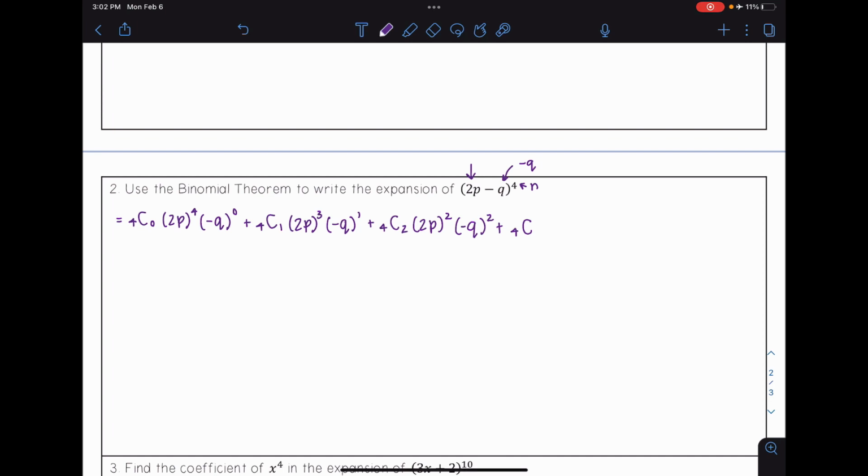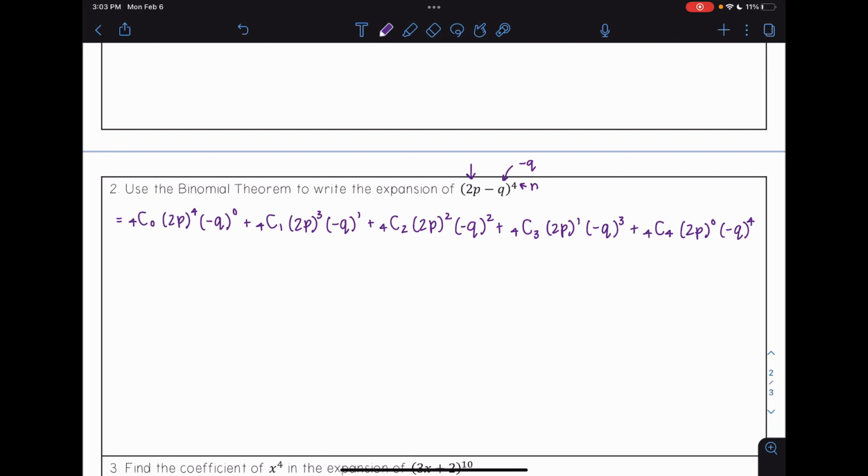Next term, I have 4c3. 2p to the first power now, and negative q is going to be raised to the third power. And then my last term is 4c4. 2p is now raised to the 0 power, and negative q is raised to the 4th power.